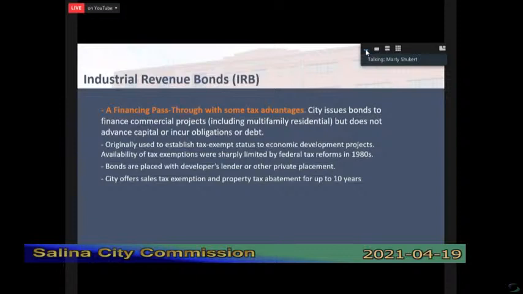They were originally very useful because they provided an income tax exemption by virtue of being municipally issued bonds for economic development projects.